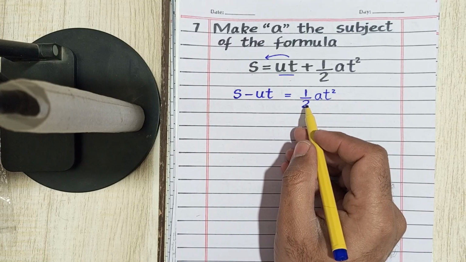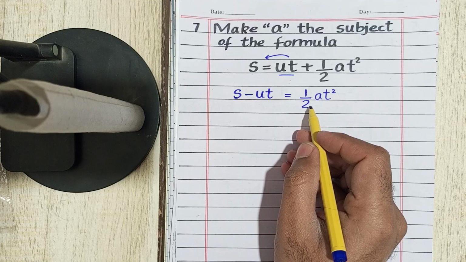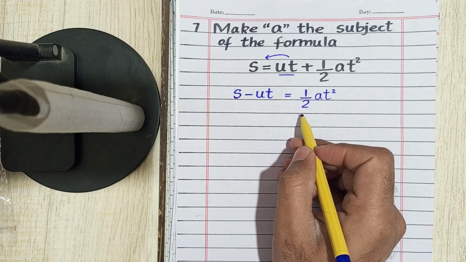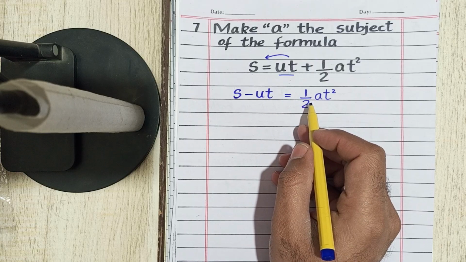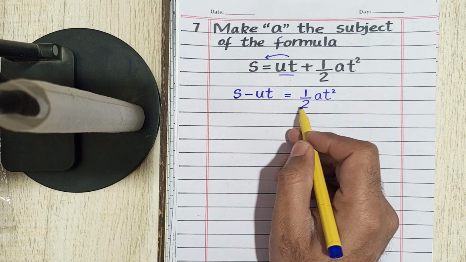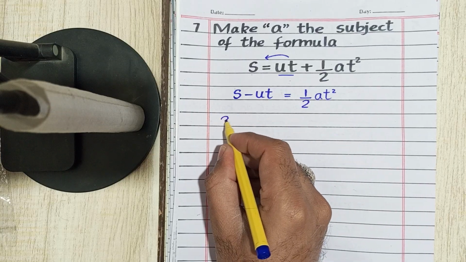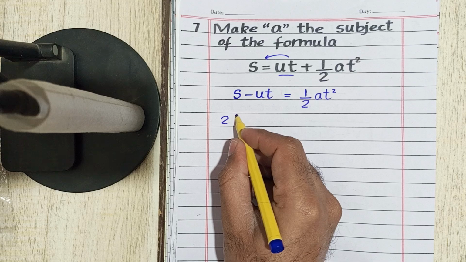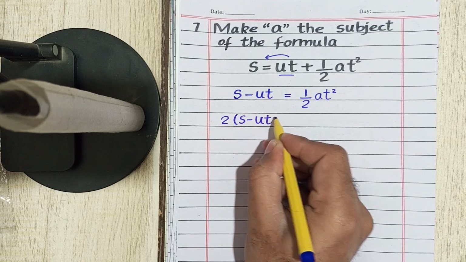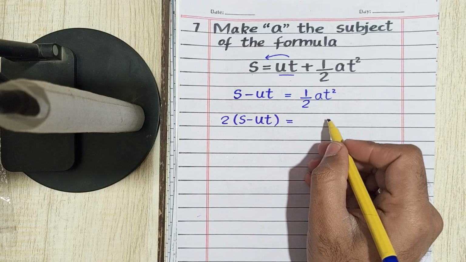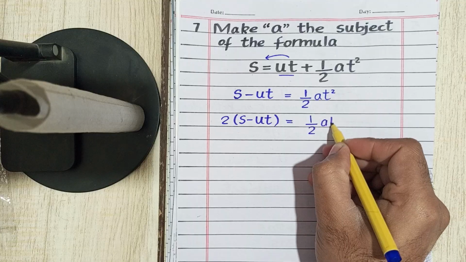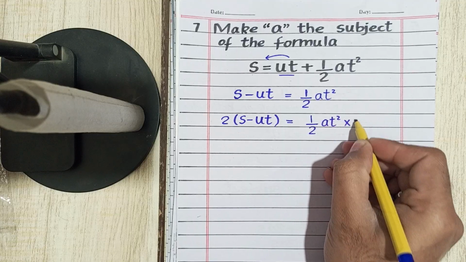So now we multiply both side with 2. Why we multiply both side with 2? Because we want to remove this 2. So here we write 2 into bracket we have s minus ut, and here we multiply 1 over 2 a t square with 2.